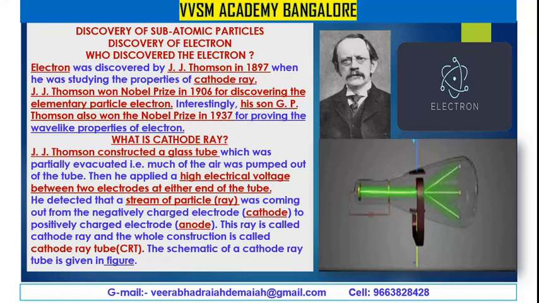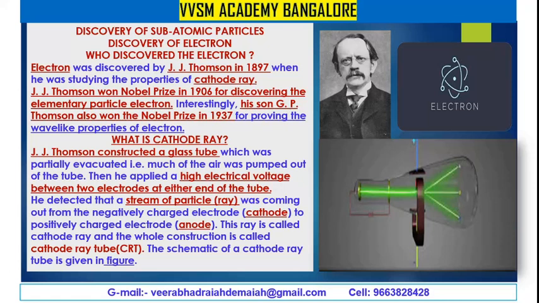And Thomson's son, that is G.P. Thomson, also won the Nobel Prize in 1937 for proving the wave properties of electrons. That is the correlation of the corpuscular theory and the wave theory of light, which is a part of the science of electrons.